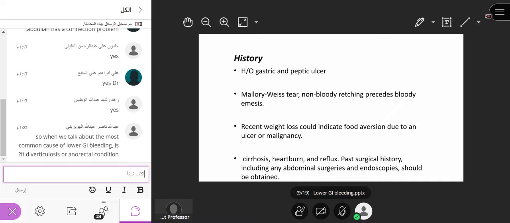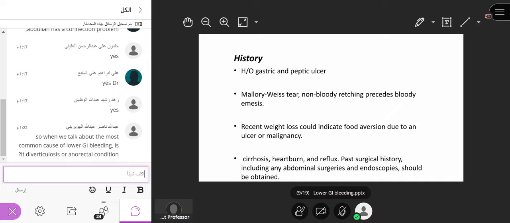If a patient comes to you with bleeding, then you can ask about peptic ulcer disease or Mallory-Weiss tear. Mallory-Weiss tear is caused by forceful vomiting with retching.